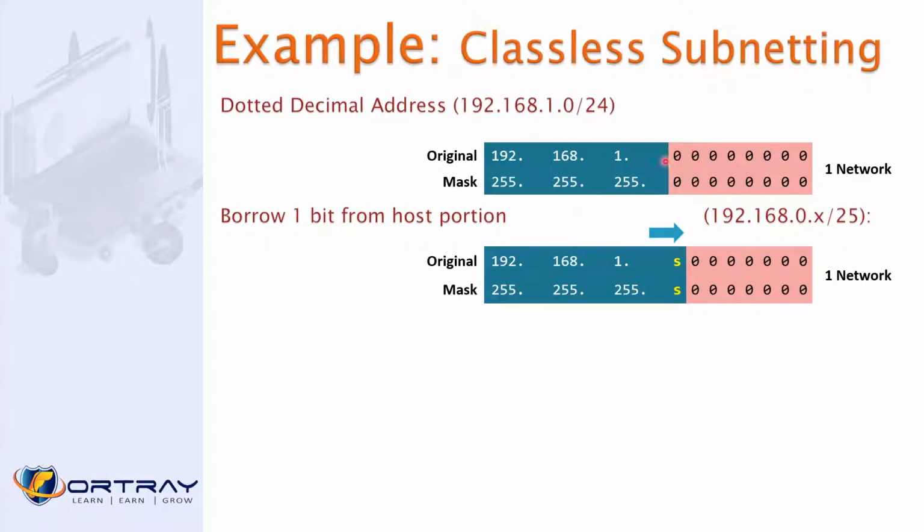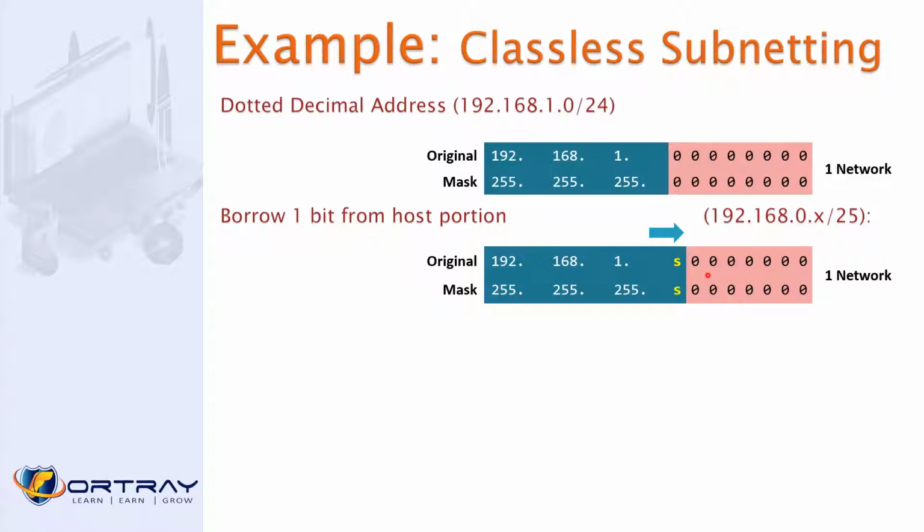So where the formula is, because we have 8 bits on the host portion, we can borrow 1 bit from the host portion. Now this bit becomes part of the network portion. I just borrowed 1 bit from the host portion. Now how many bits are left for the host? 7.